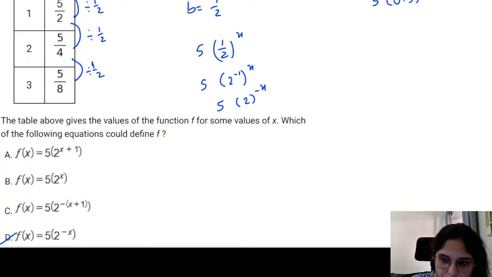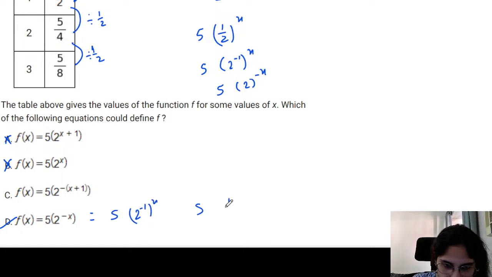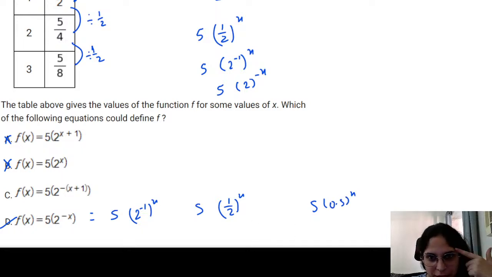But you know it is not 2, so these two options are cancelled, and you just see 2 to the power -x. This is going to be 5 times half to the power x, that is 5 times 0.5 to the power x. So again it will be option D. So you will have to do a little manipulation. Alright?